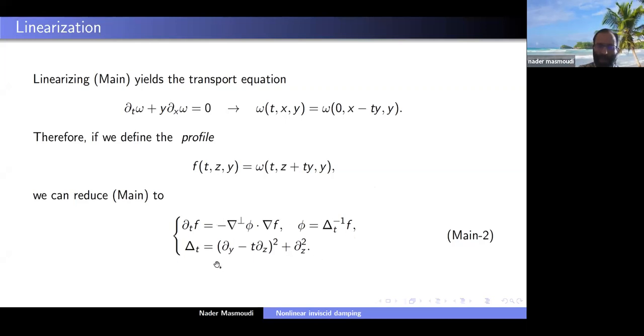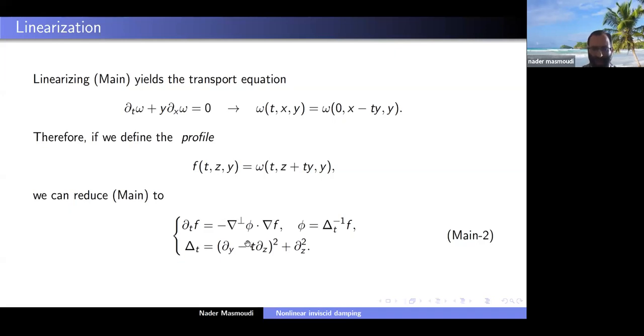Now, when one looks here, there's this funny Laplacian_t minus 1. This is just a small exercise of change of coordinate. The Laplacian in the x,y variable, when you write it in z,y, becomes this funny operator that is time dependent.